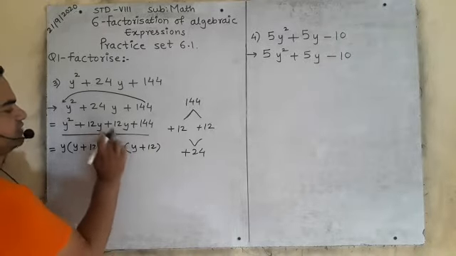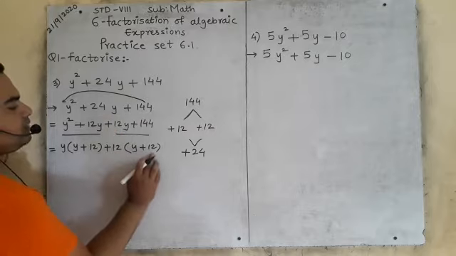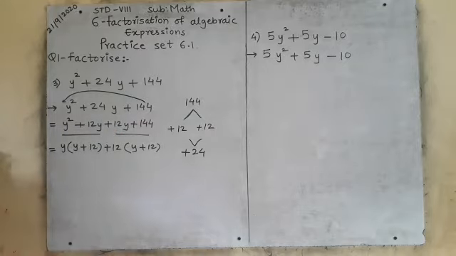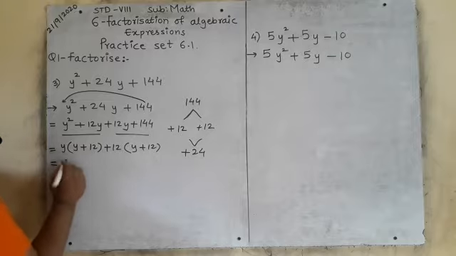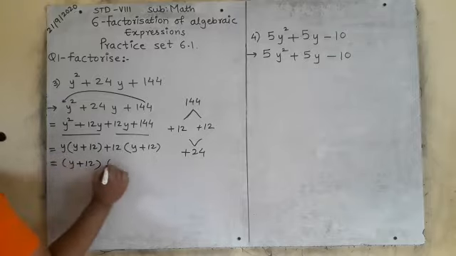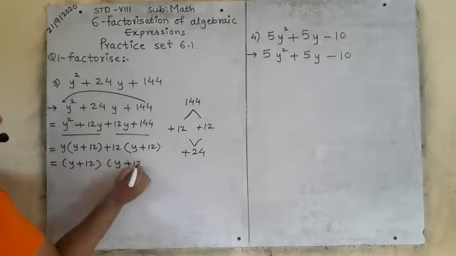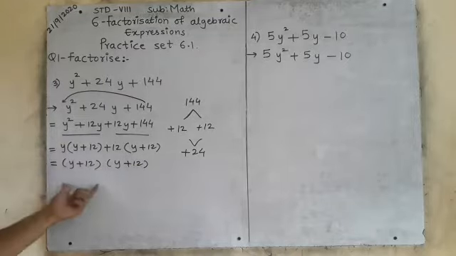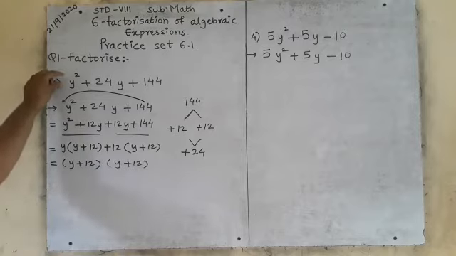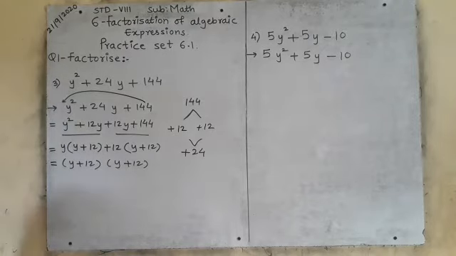Check it: 12y, and 12 multiplied by plus 12 is 144. Is it clear? Which bracket comes twice? y plus 12. And what is left outside? y plus 12. It is a perfect square. This is how you have to factorize y square plus 24y plus 144.